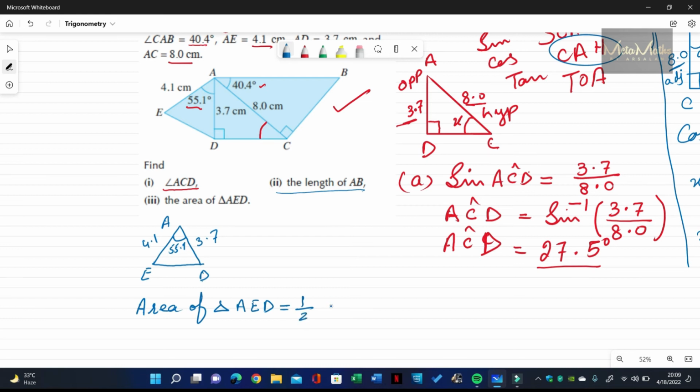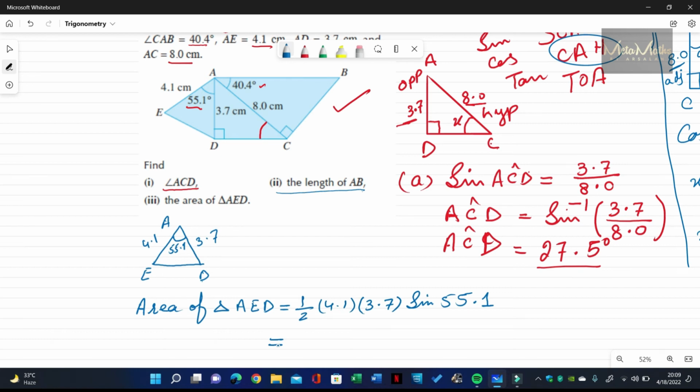As I said, first given side, it is 4.1 into second given side, which is 3.7, and sine the included angle, which is 55.1. Again, you will type the whole expression on the calculator to get your final answer.